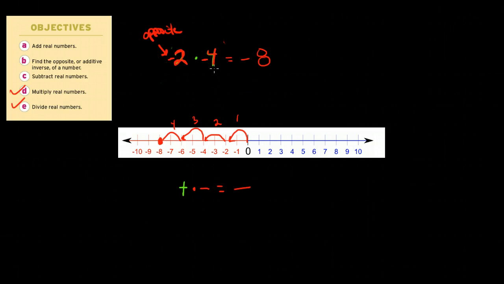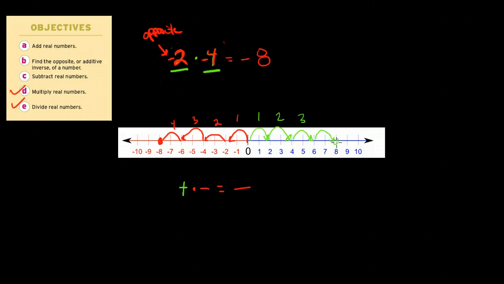Well, this tells me to jump in a negative 4 direction. But the opposite of negative is positive. So when I have a negative 2 times a negative 4, I am going to go 2 times that way. That's once. 2 times that way. It's twice. 2 times that way. It's 3 times.